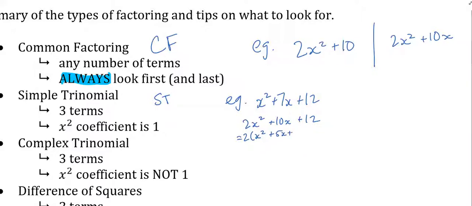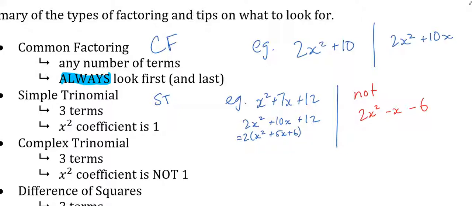An example of something that is not a simple trinomial is like 2x squared minus x minus 6 or something like that, because I can't common factor a 2 out of that. So that one's a complex trinomial. That's the difference.